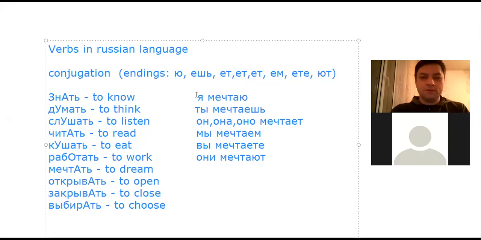Those verbs that I have given you are not simple only in terms of conjugation, but also the stress doesn't change. No matter how you conjugate it, the stress remains on the same syllable. It is not true for all the verbs.